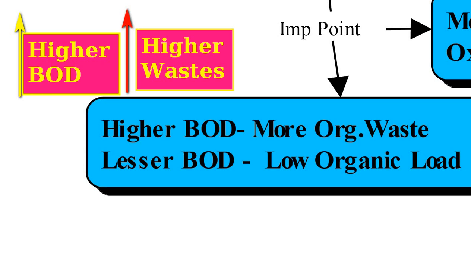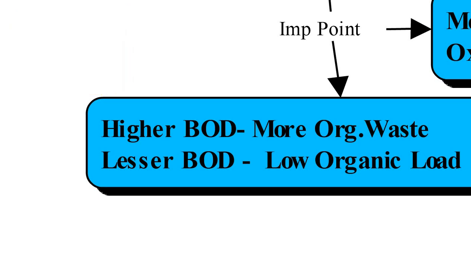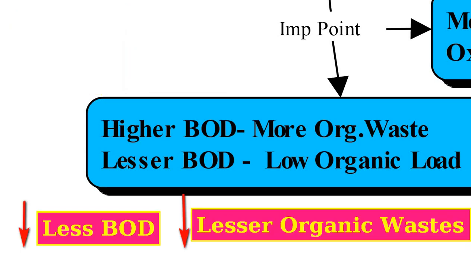Wherever high organic waste is present, usually the microbial growth is very fast and they consume a high amount of oxygen. So greater the BOD in sewage water, that indicates the presence of high organic waste materials, and the lesser the biochemical oxygen demand, that indicates a low amount of organic waste in the sewage water.